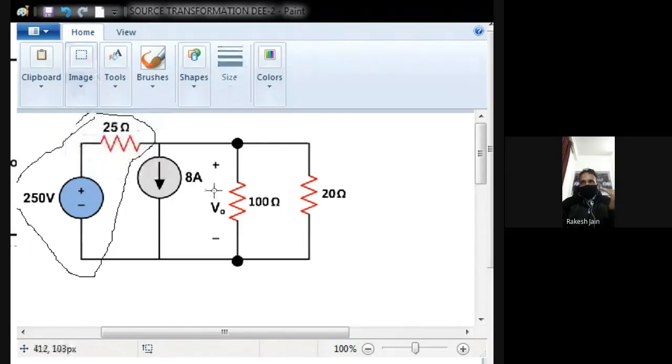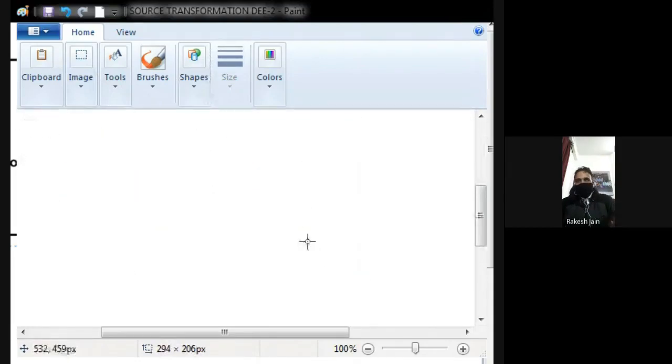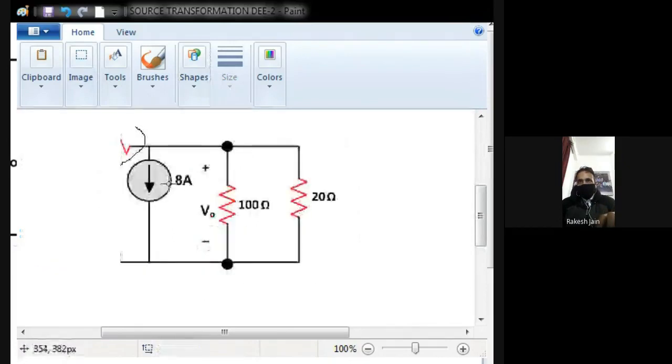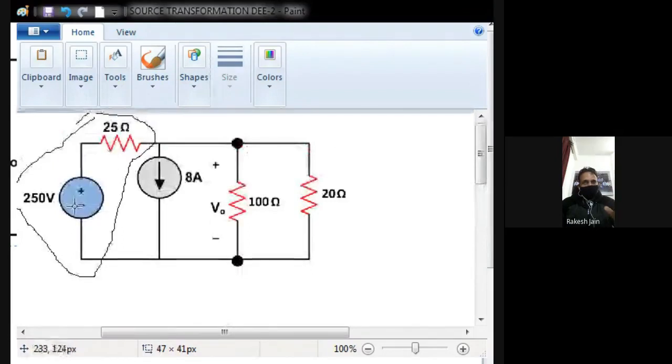Now see what I want to say. This is the rest of the circuit. The rest of the circuit will be the same, but this resistance and this voltage source will be replaced.